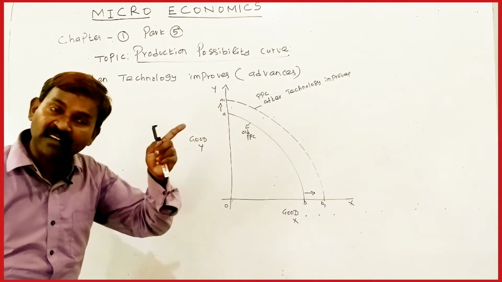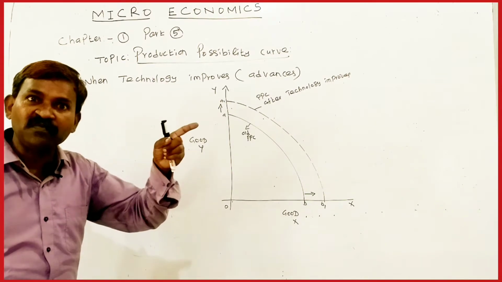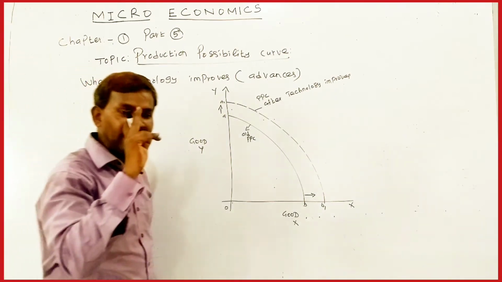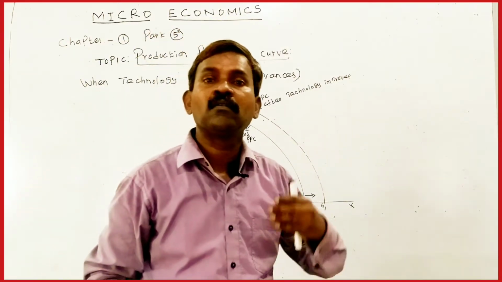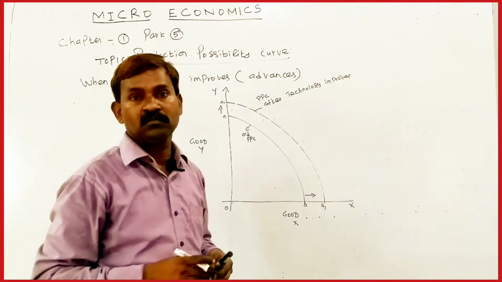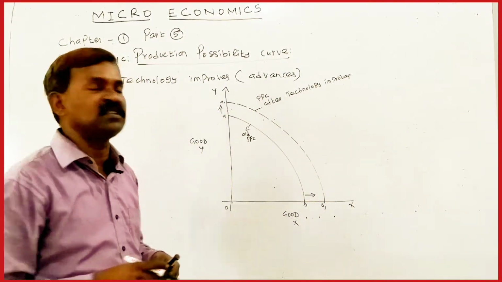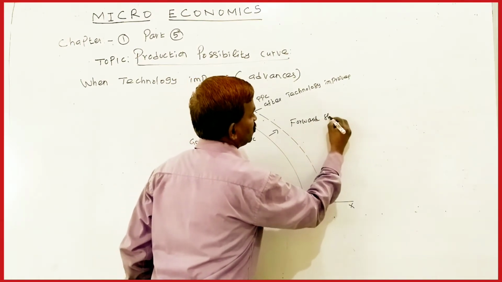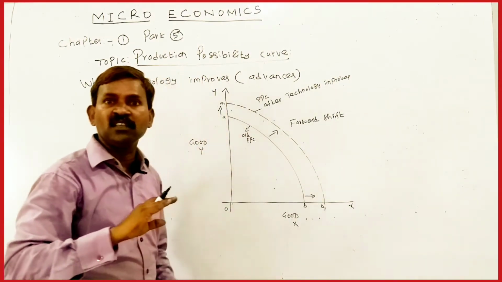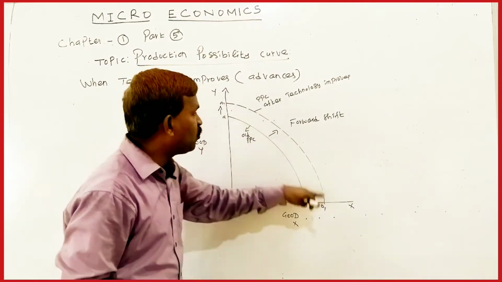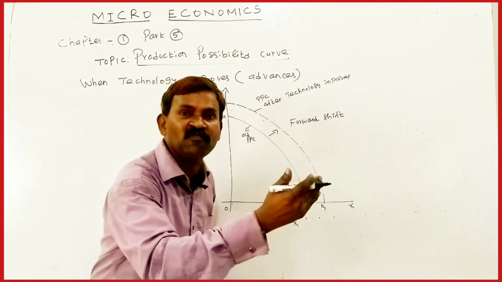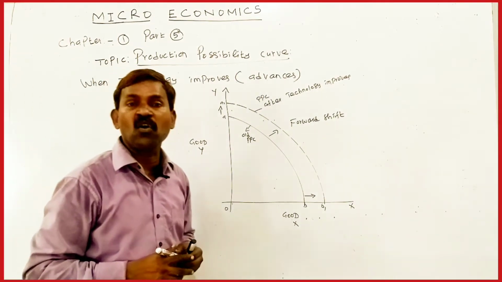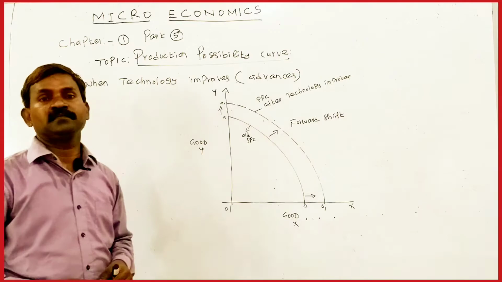As I told you, if you recollect my previous video, chapter number 1 and part number 4, I had used one term called forward or upward shift of PPC. This is forward shift. The PPC shifts from AB to A1 B1, resulting in a forward shift of PPC. That is because of technology advancement, technology improvement.